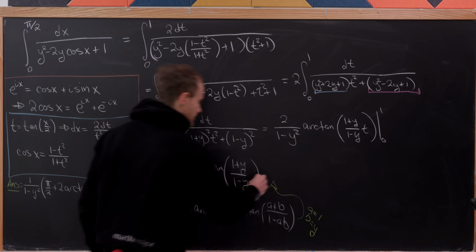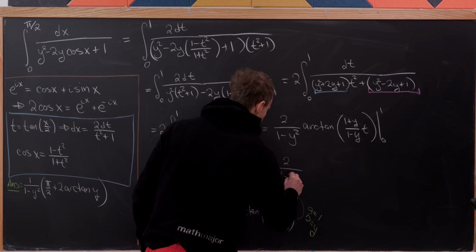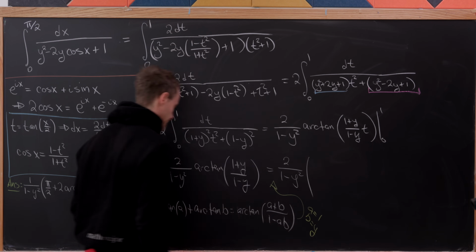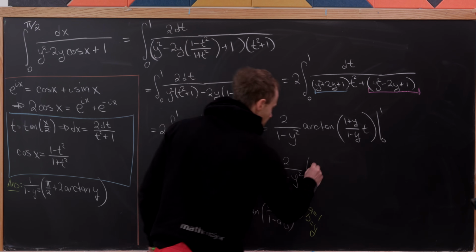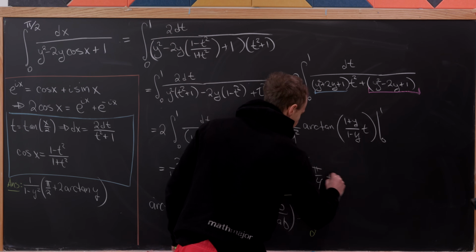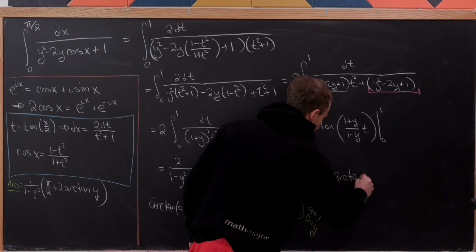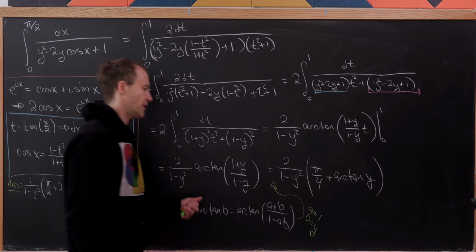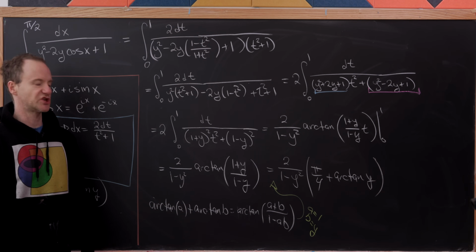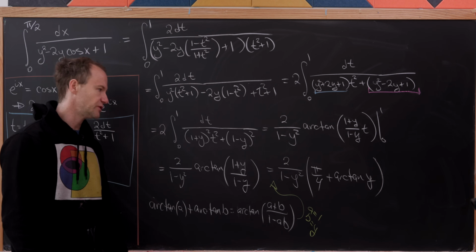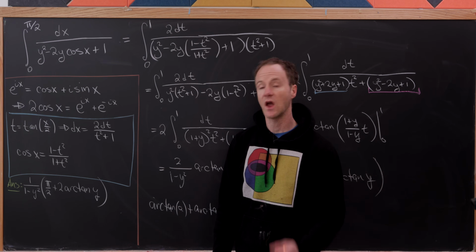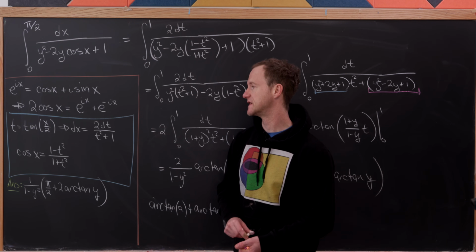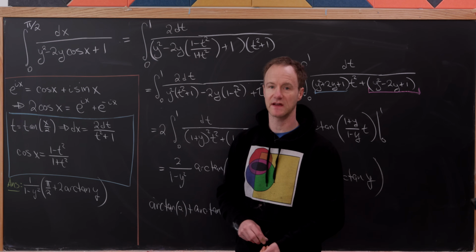And that's going to leave us with 2 over 1 minus y squared, and then we'll have arctan of 1, which is pi over 4, plus arctan of y. But now multiplying the 2 through, we'll change that pi over 4 to pi over 2, and then we'll have 2 times the arctan of y. We'll have exactly what we have over here. Okay, so there you have it. We just evaluated this integral 2 different ways, and that's a good place to stop.